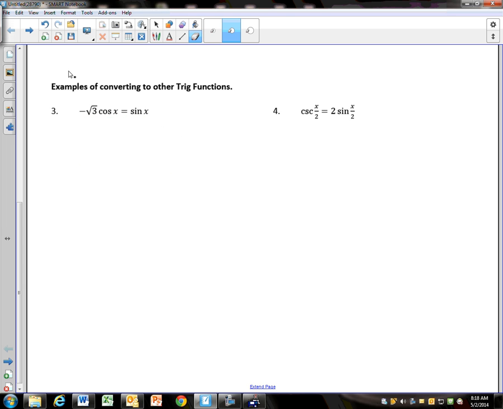Here I got cosecant and I got 2 sine. Well, let's see what happens if we divide both sides by cosecant of x over 2.